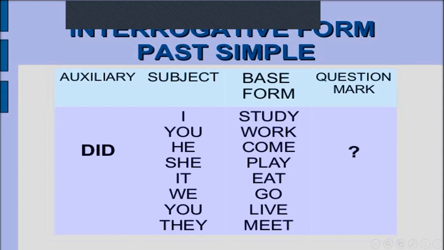Look at this example. Did I study? Or did you walk? Did he come? Did she play? All of these questions, we call them yes and no question because the answer begins with yes or no. If I'm asking you, did you walk?